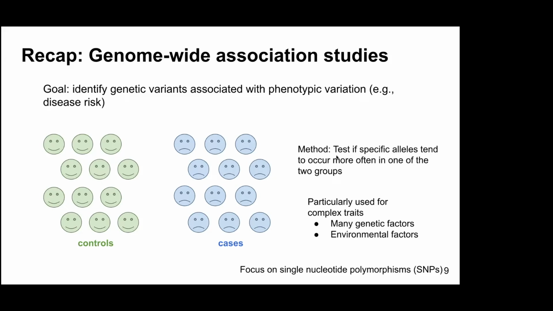One tests whether specific alleles tend to occur more often in one of the two groups, in cases or in controls. And this type of design is used mostly for complex traits, so traits that are influenced by many genetic and environmental factors, and it tends to focus on single nucleotide polymorphisms, SNPs, variation that happens at the single nucleotide level.